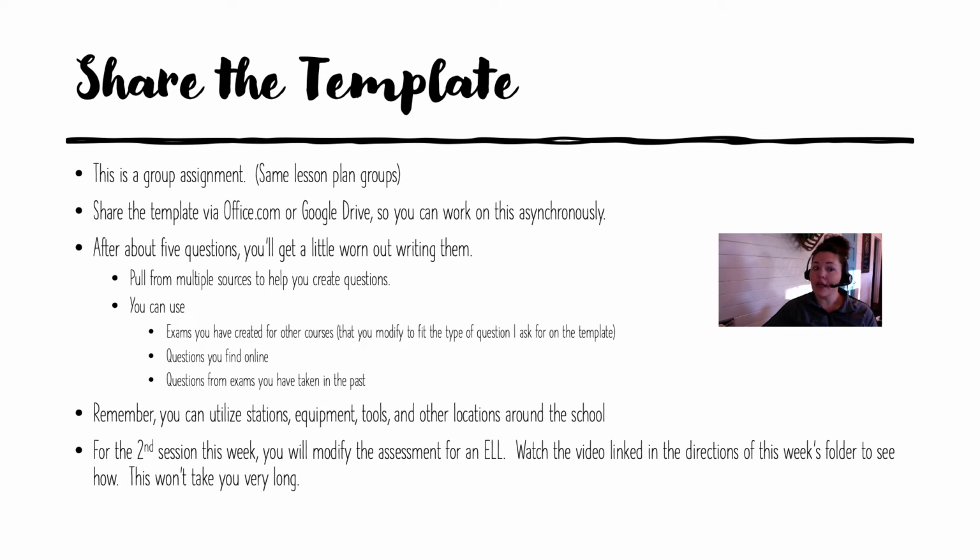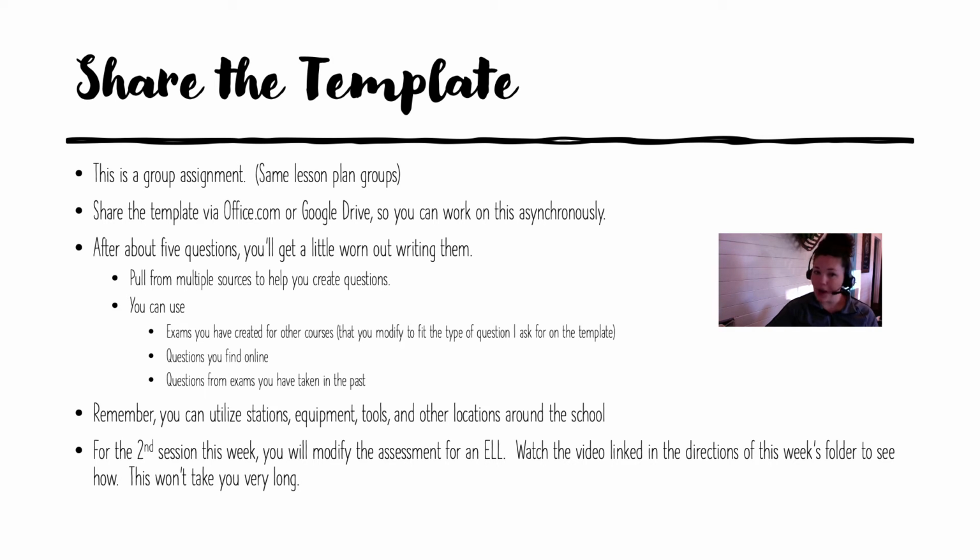This assignment is going to get a little tiring. After about 5 questions, you're going to be like, oh, I'm out of things to ask. So I'm giving you the opportunity to pull from multiple sources to help create your questions. You can use exams that you've created for other courses, like if you're doing something for Secondary Methods 1. Take those questions and then modify them to fit the format that I'm asking you to do. You can find questions online.